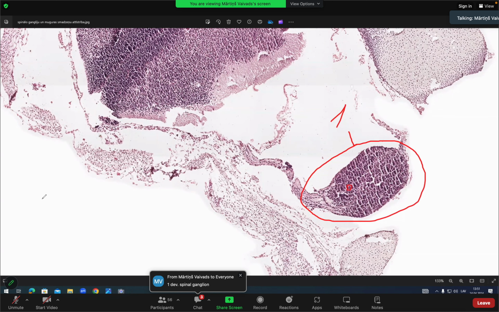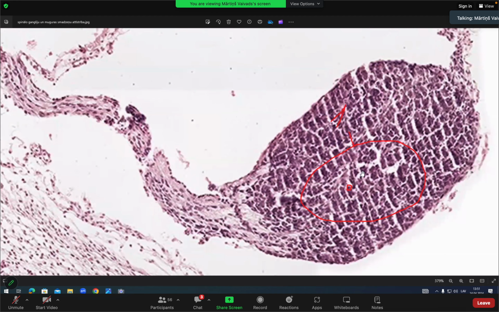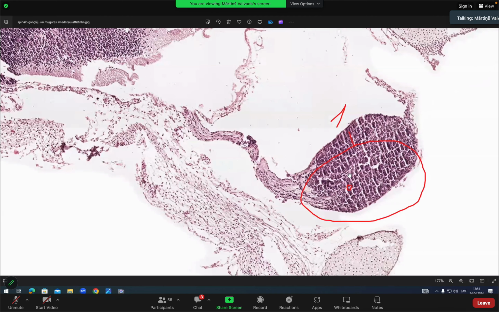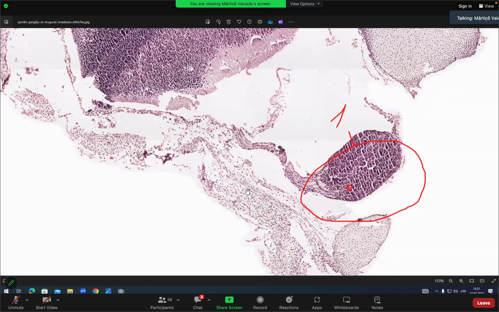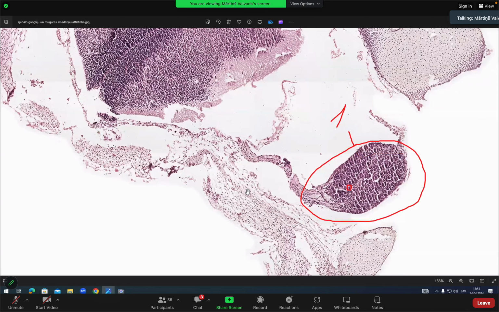So large cells, if you zoom to very high magnification, you will see cells with the nucleus and nucleolus, so large sized cells, approximately here. And these cells are called gangliocytes, big cells in the ganglion. So gangliocytes, these are the big cells inside.